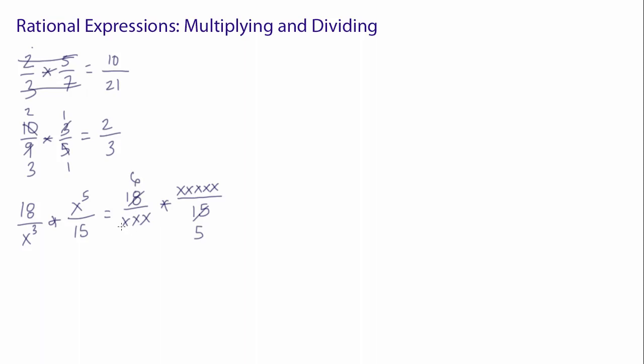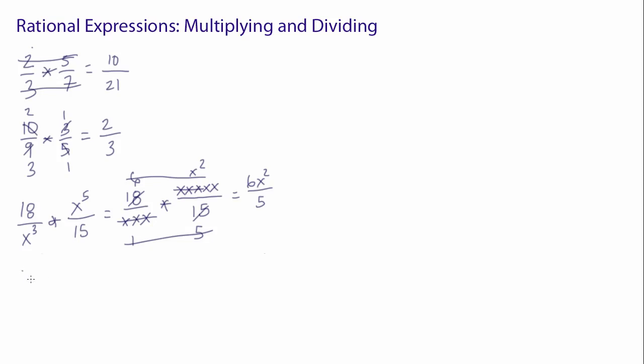And I can see that I have 3 factors in the bottom, 5 factors on the top. I can cancel 3 in the bottom, 3 in the top. When I cancel 3 in the bottom, I put a 1 there. And this one is really x squared. Okay, 6 times x squared is 6x squared, divided by 5 times 1 gives you 5.